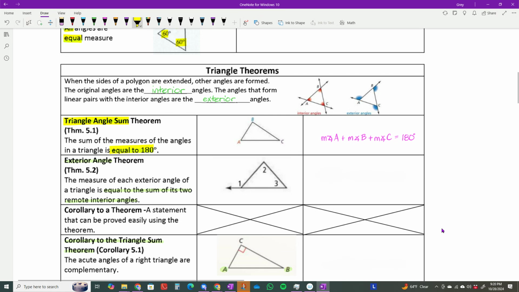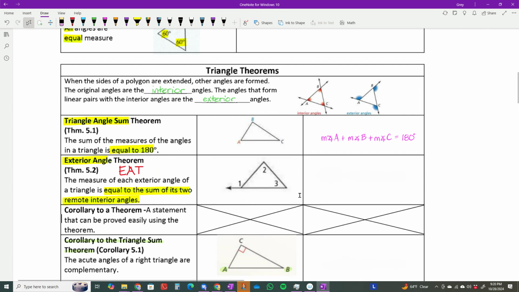All right, the exterior angle theorem you might not be so familiar with, and you will actually hear me refer to it sometimes as EAT, exterior angle theorem. And that says that the measure of each exterior angle is equal to the sum of the two remote interior angles.